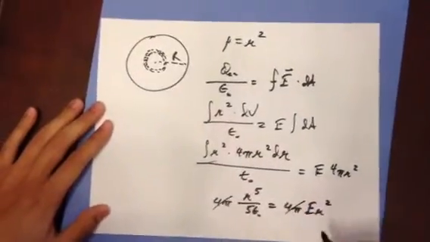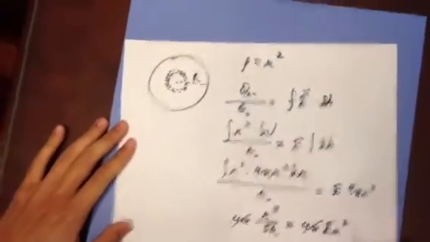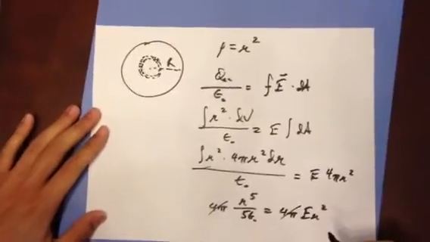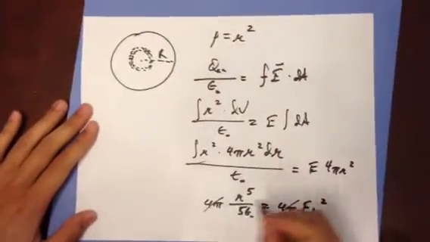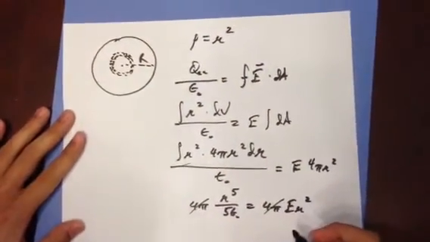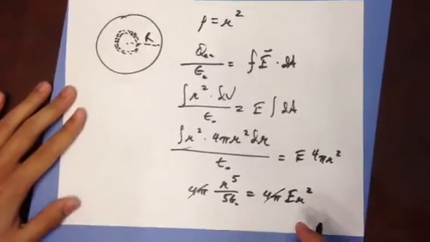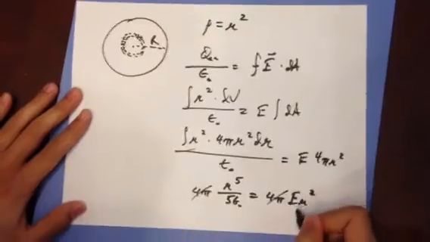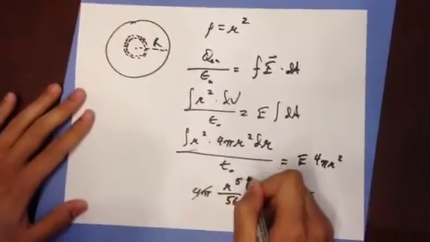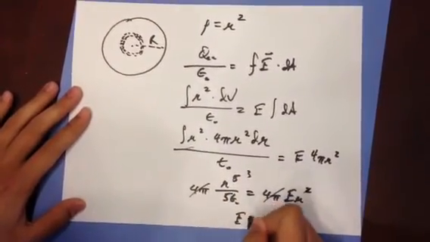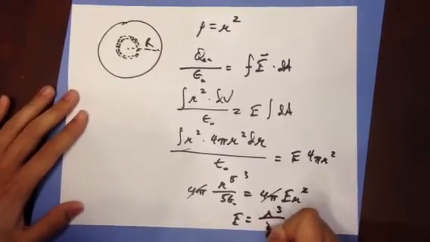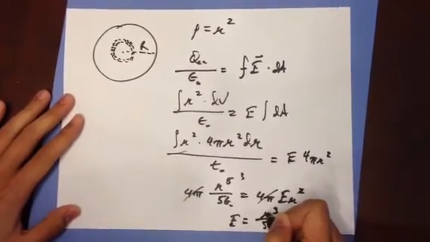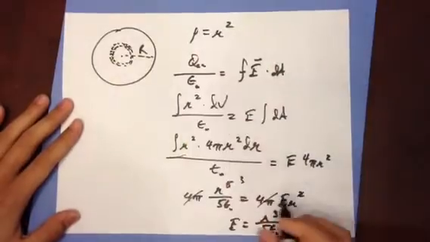The 4 pi's are going to cancel out. If we want to find E, E is going to equal r to the 3rd over 5 epsilon naught at a certain distance r from the center.